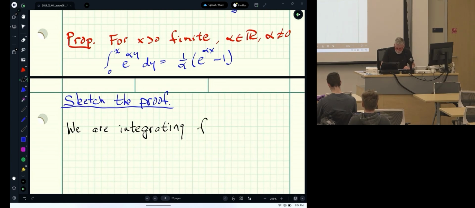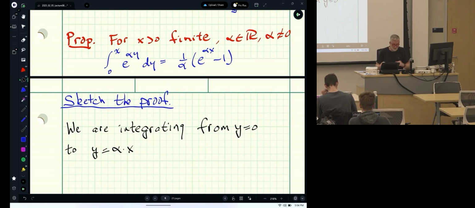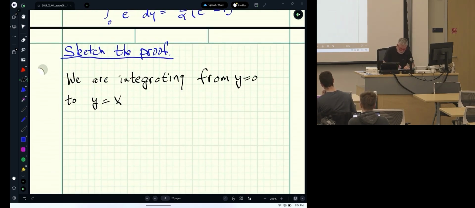We're integrating from y equals 0 to y equals x, that's the limit. We need to deal with this alpha times y. Delta y is x over n, as we had before.